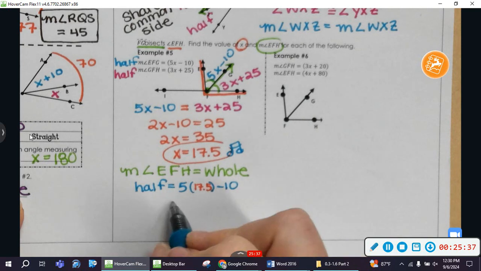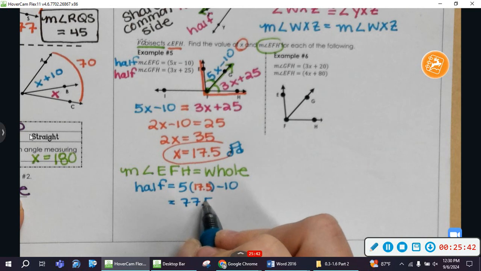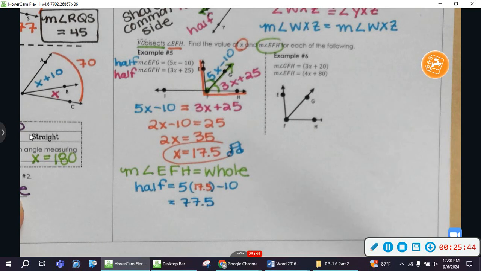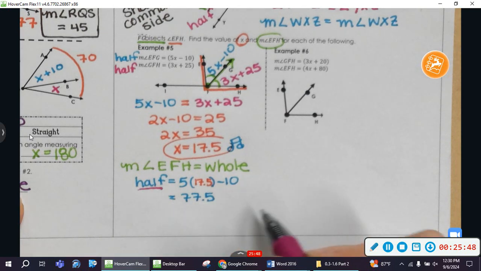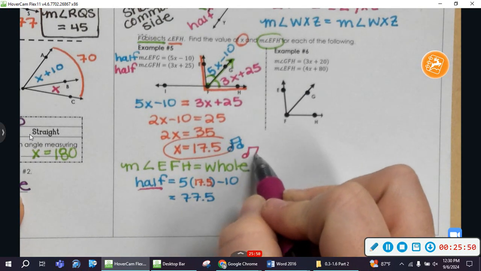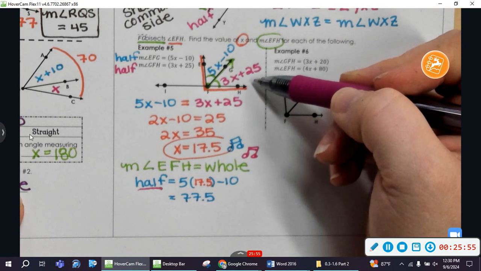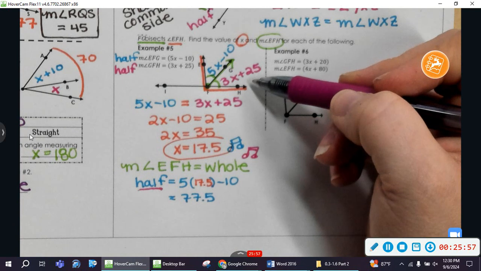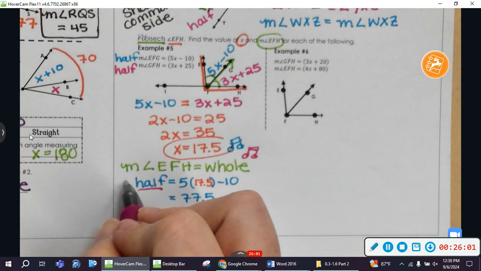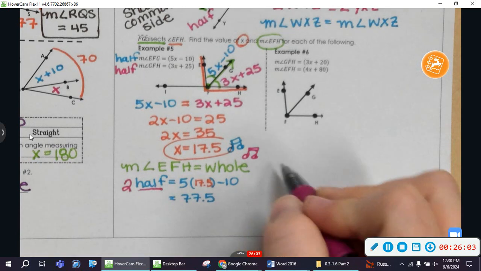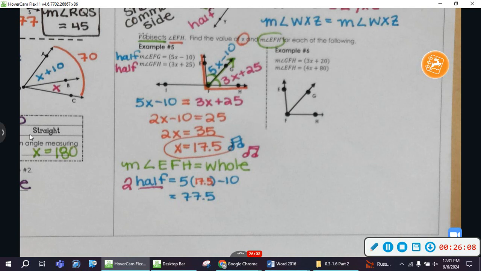So I could plug in my x value to that half. And when I do that, we end up with 77.5. Now, I did say a key word, and that key word is half. Well, if I plugged this in over here, you would actually end up getting 77.5 again. So we could do a shortcut and say, well, don't 2 halves equal a whole? And that is correct.